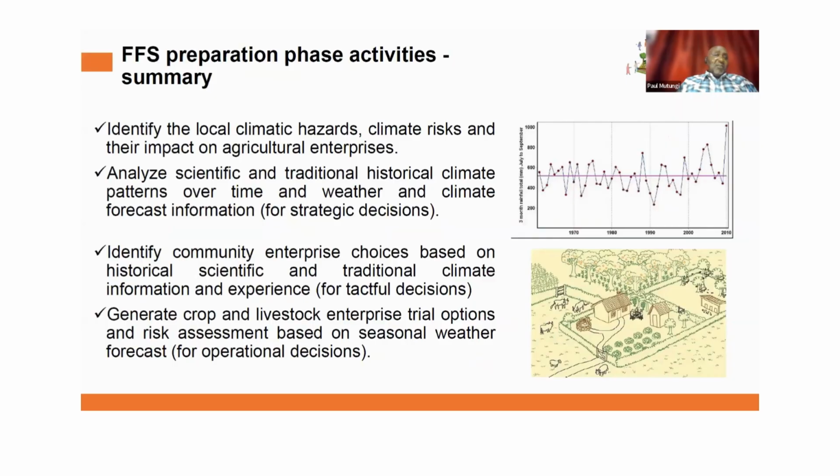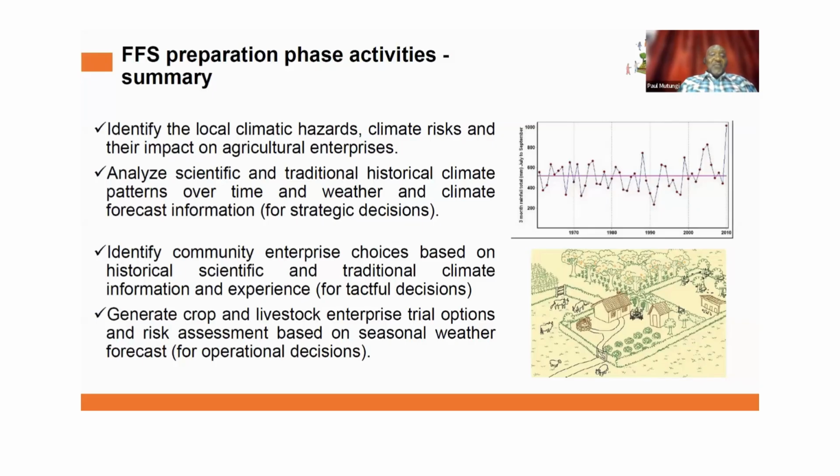The summary of these activities are: identify the local climatic hazards, the climatic risks, and their impact on agricultural enterprises. Analyze the scientific and traditional historical climate patterns over time and weather and climate forecast information for strategic decisions.